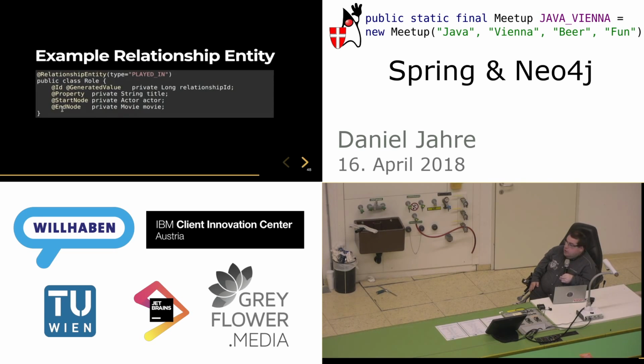You can say detach delete, then the relation is also removed. And we have the property title, so I guess this is the name of the role the actor had in the movie. And as I said before, if you do not have any properties, the entity is completely ignored. Okay.